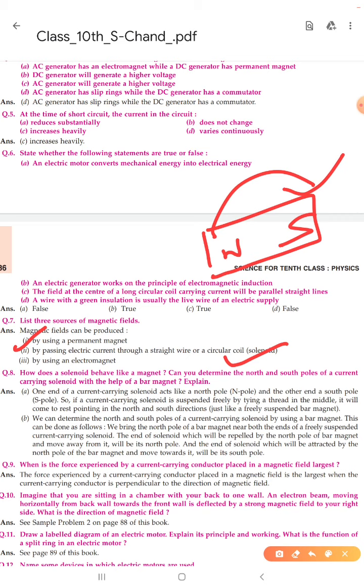As we know from this chapter, a wire which carries current can also produce a magnetic field. And number three, by using an electromagnet, which also produces a magnetic field.